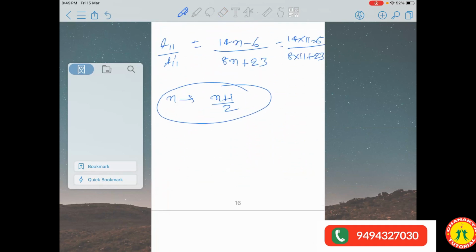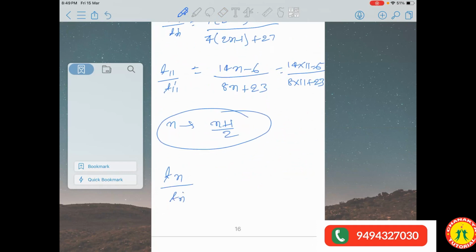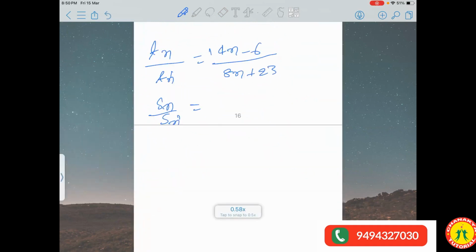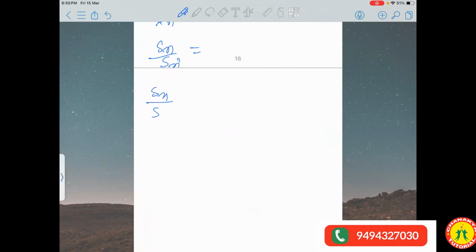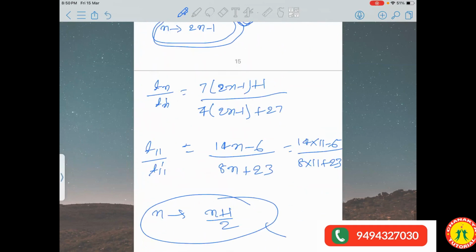Like if Tn upon Tn dash is equal to 14n minus 6 upon 8n plus 23, and asking is Sn upon Sn dash ratio, we can replace n with (n plus 1) by 2. You can replace and directly get the answer. Basic thing is here given is Sn upon Sn dash is equal to 7n plus 1 upon 4n plus 27, right?